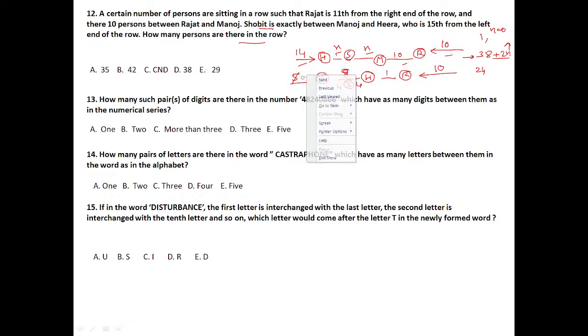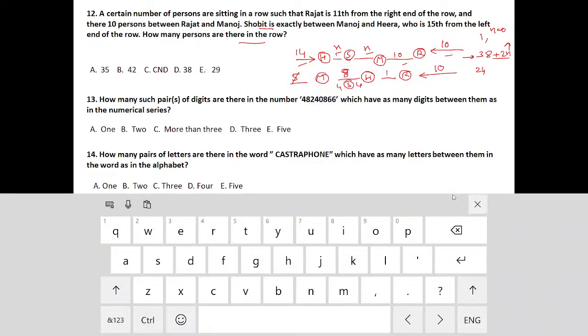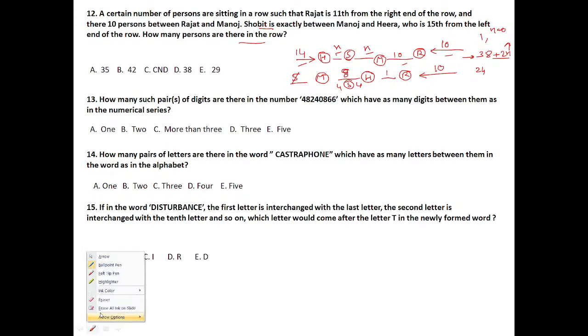I am taking this as 4. If I am taking this as 4, then one person should be added here. Then 8 plus 1 is 9. So Shobit can be seated here then. So what would be the total number of persons? All the conditions are satisfied right now. So 4 plus 9 is 13, 14, 24 and 1, 2, 3, 4. So 28 is the required number of persons here.